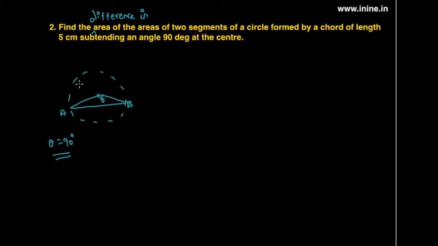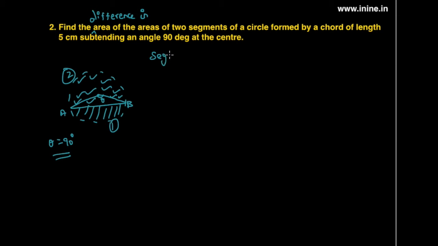So what we need to find is the difference between the areas of the segments. What are the segments involved here? This is segment 1 and this is segment 2, which includes this triangle also. So we need to find the difference in areas of the two segments.